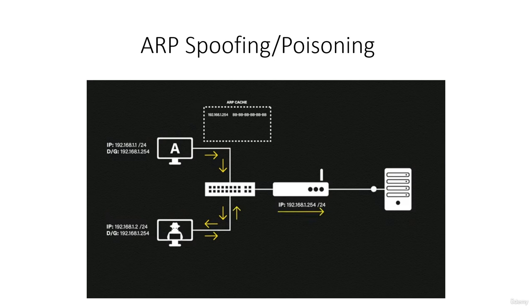So first, host P, which is an unethical hacker, launches an ARP poisoning attack. Then the hacker modifies the ARP cache of host A. Then the traffic of host A is rerouted to the attacker, as you can see in this picture.